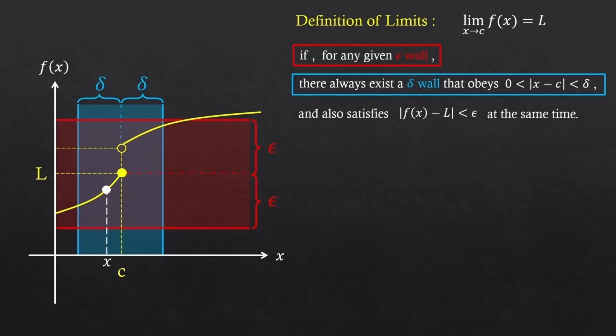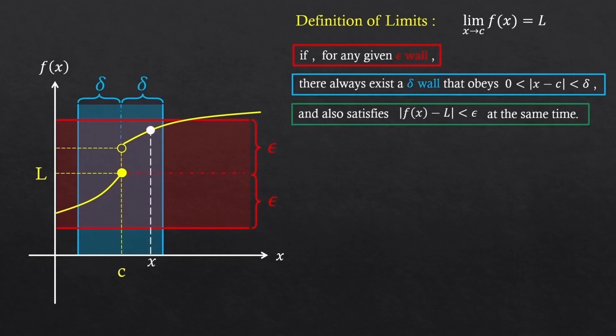X and C are both trapped inside, so that's good. And it also satisfies fx minus L being smaller than epsilon at the same time. Let's see. This is our fx that can move around inside the delta to satisfy the first inequality.